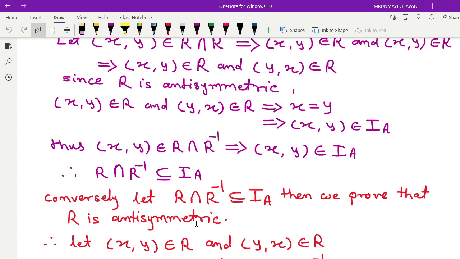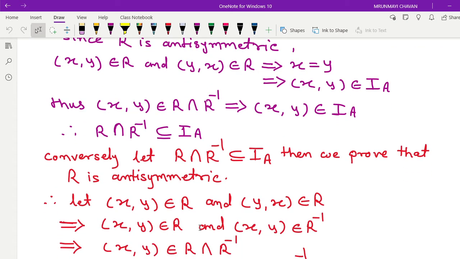Now conversely, let us take that R intersection R inverse is subset of identity relation IA. Now we have to prove that R is antisymmetric.